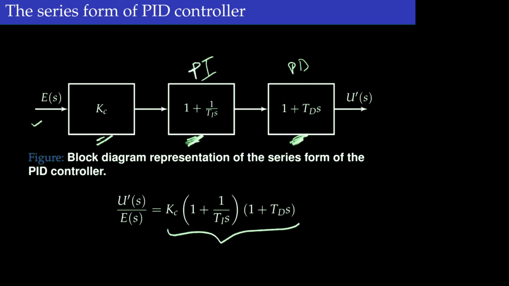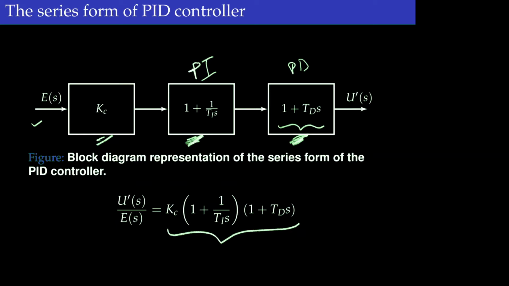The PD component here can also be implemented, and is typically implemented, with a filter. So if you add a filter similar to the one that we saw for the parallel form, it is also implemented for the series form of the controller. Now these are the main forms of the PID controller.